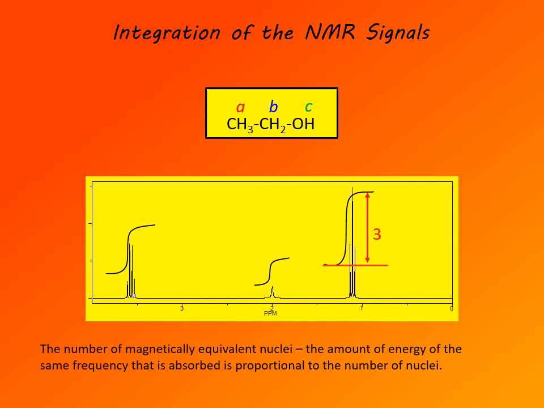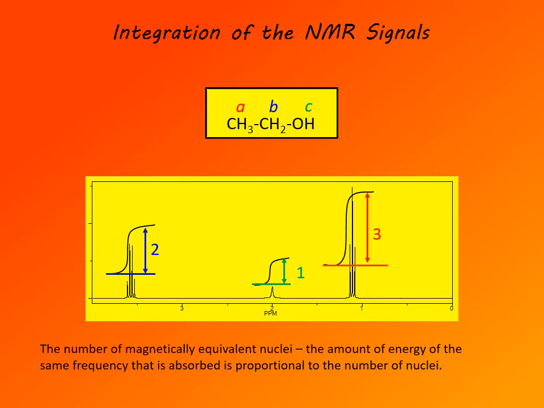Then for the signal due to protons B, we follow the same procedure: original level of the pen, how much it was deflected, and that corresponds to a relative height of 2, integration of 2. And finally C, following the same procedure, has a relative integration of 1. So going C, B, A, the relative integration is 1, 2, 3, and that corresponds to the number of protons.